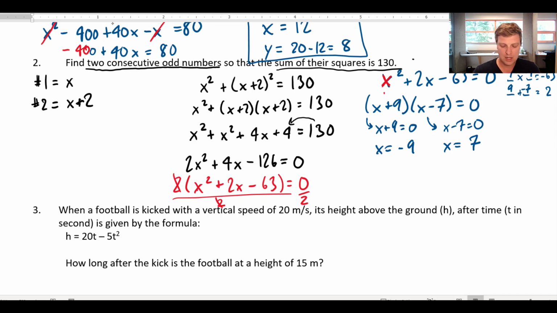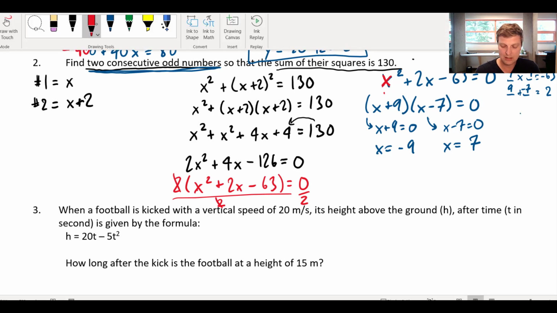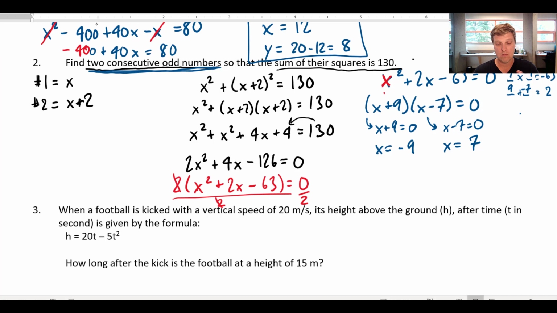Now, remember what we said here is we're looking for two consecutive odd numbers that the sum of their squares equals 130. So I've got two answers here. I need to decide which of those answers is correct. Maybe both of them are correct, maybe one, or maybe none of them are correct. So I'm just going to try them both.